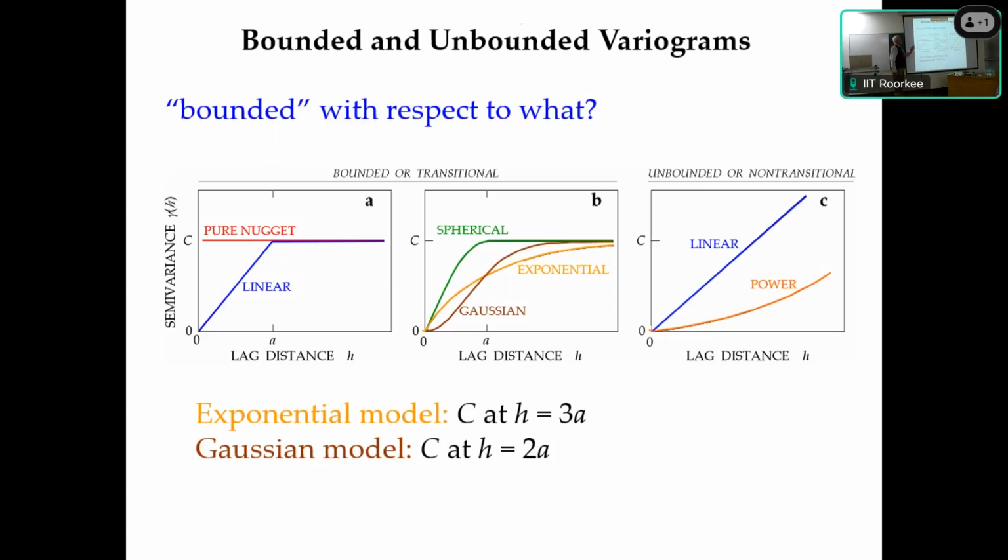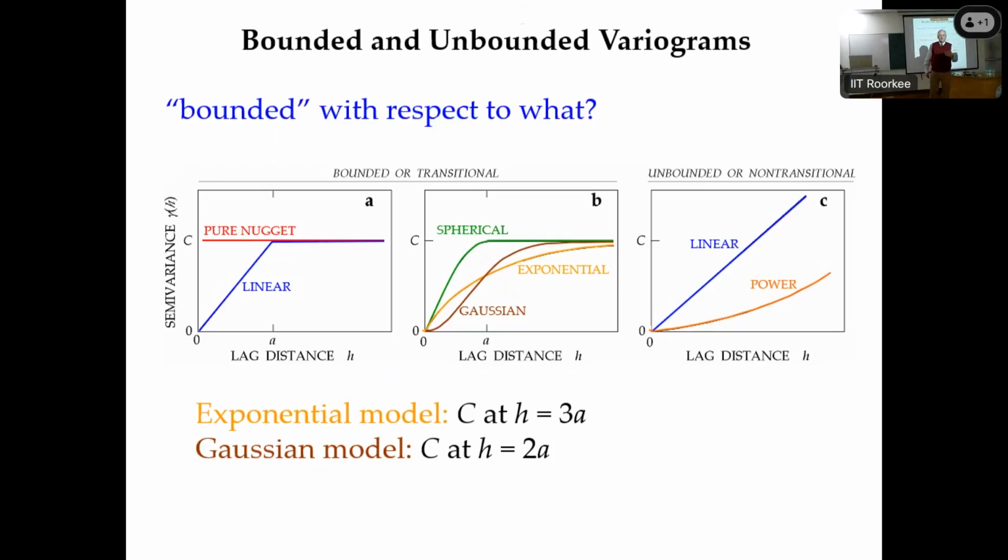We then also have unbounded or so-called non-transitional semi-variograms. One very simple form is a linear model that describes the experimental semi-variogram. Here we can say we are sampling a data set that reveals an obvious trend, like elevation data going up, or soil textural data down a slope from top over back slope to foot slope.